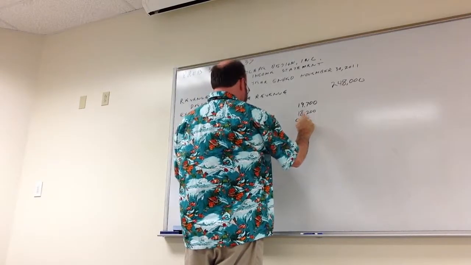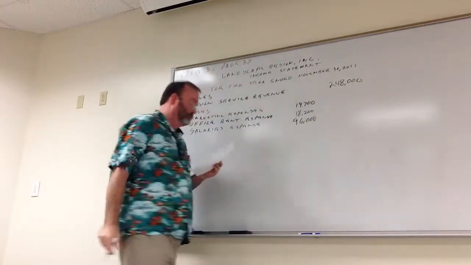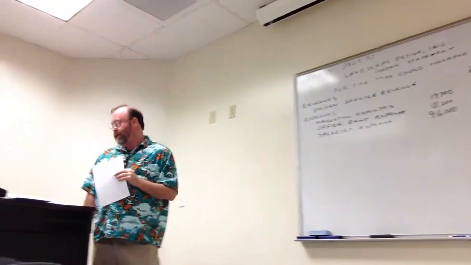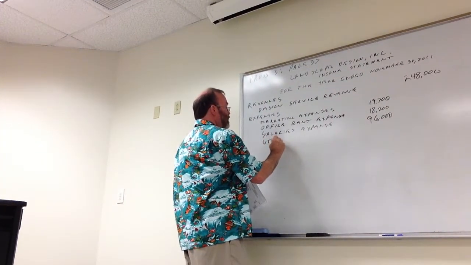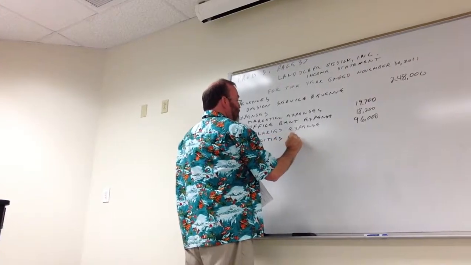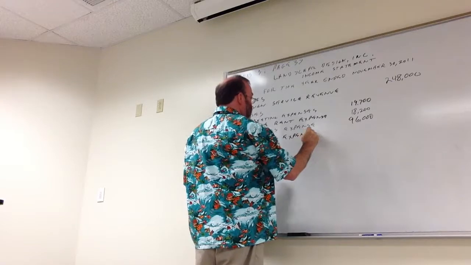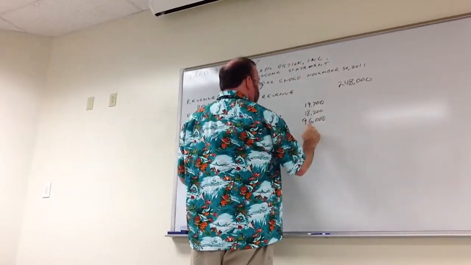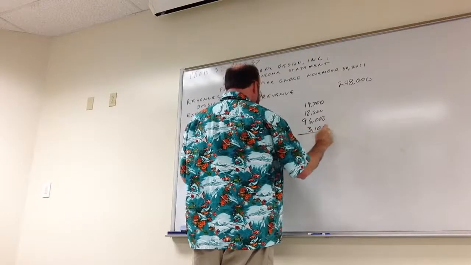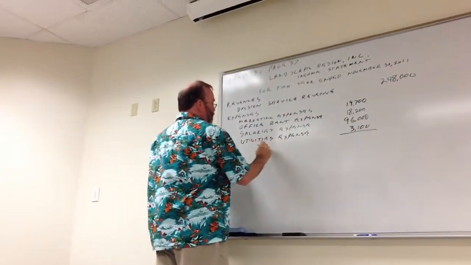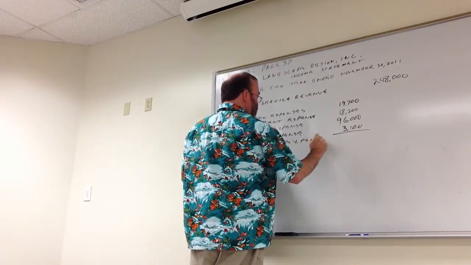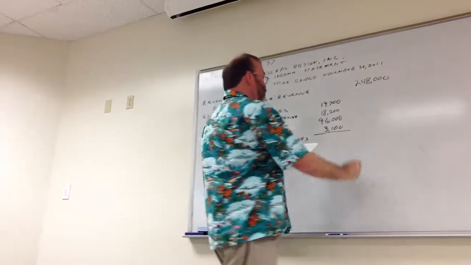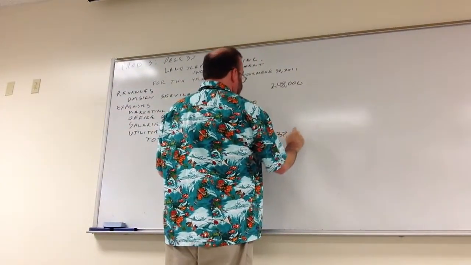That's a big one, $96,000. And then the very last line in that listing of accounts says utilities expense. And utilities totaled $3,100. That's it. If we add all that up, we'll get total expenses of $137,000.